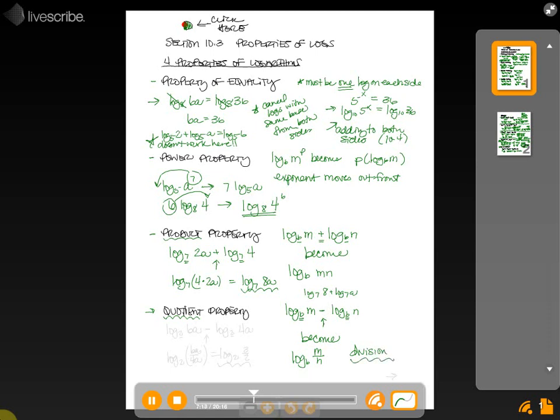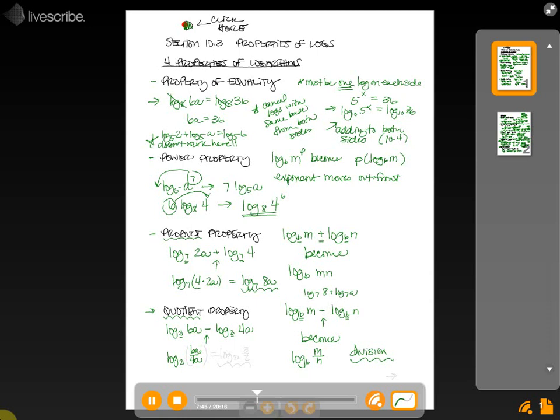Now here's an example with numbers. Let's say we have log base 2 of 6a minus log base 2 of 4a. Same base, subtraction. So it's going to become log base 2 of 6a over 4a.